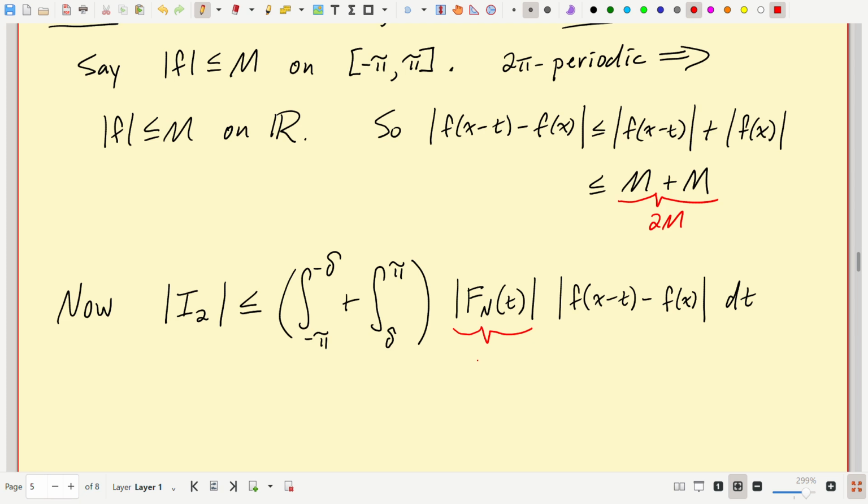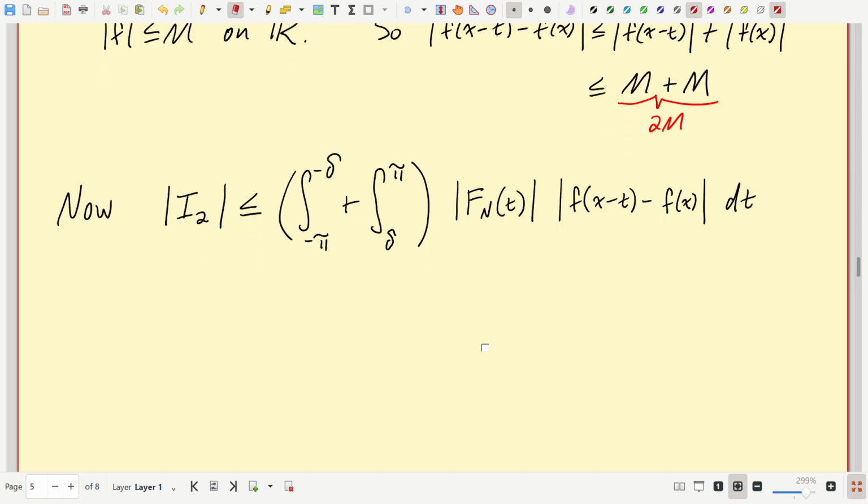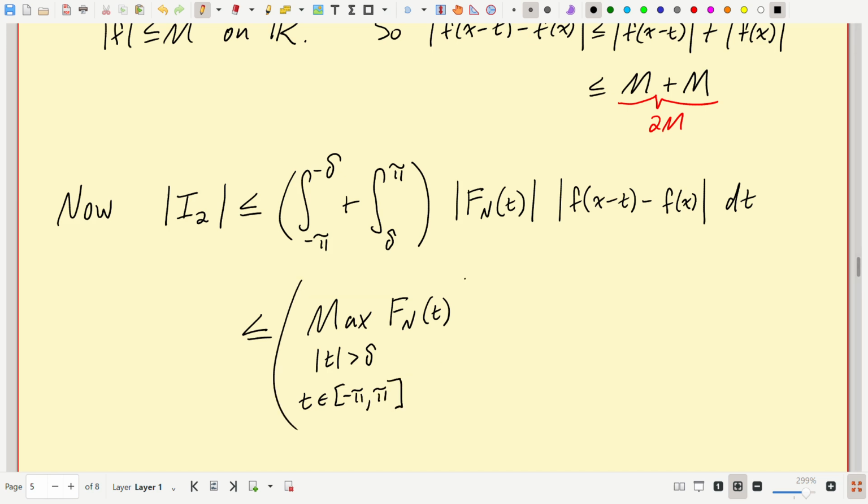And this, remember, is going to be less than or equal to the max of fn of t, which is a positive thing, on t bigger than delta, with t in minus pi to pi, times, since this thing is less than or equal to 2M, I get times 2M here, times the length of the interval.